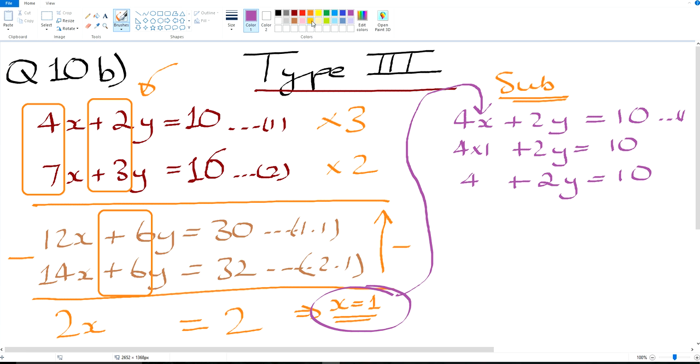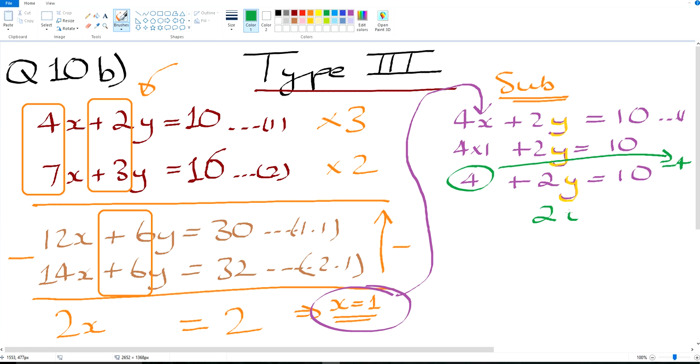Now remember, we are trying to work out the value of y, which I've put in here in a different color, so you can see that's what we're trying to work out. Now, we need to rearrange this equation to make y the subject. So we grab the plus 4, take it to the other side, becomes a minus 4.